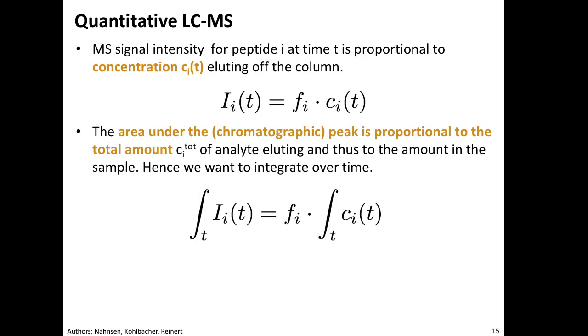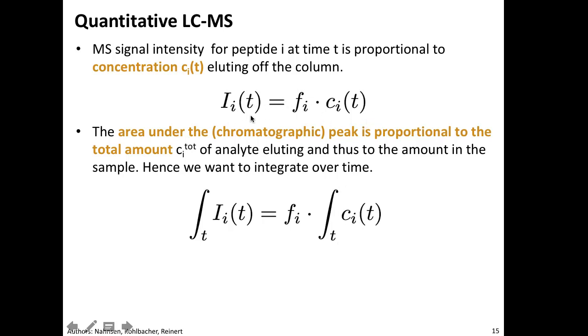Assuming that everything that goes in also comes out, if we want to know what the concentration originally was, we just need to determine whatever elutes of this analyte over time. So we would expect that the integral of these intensities is somehow proportional to the integral of the concentrations if we have a linear detector response.